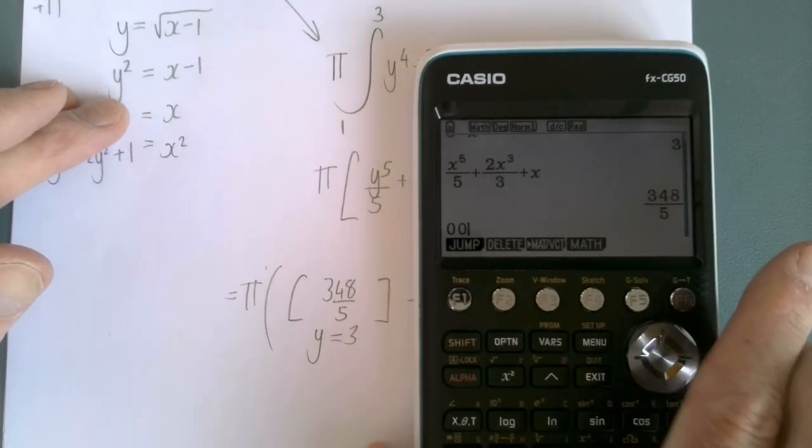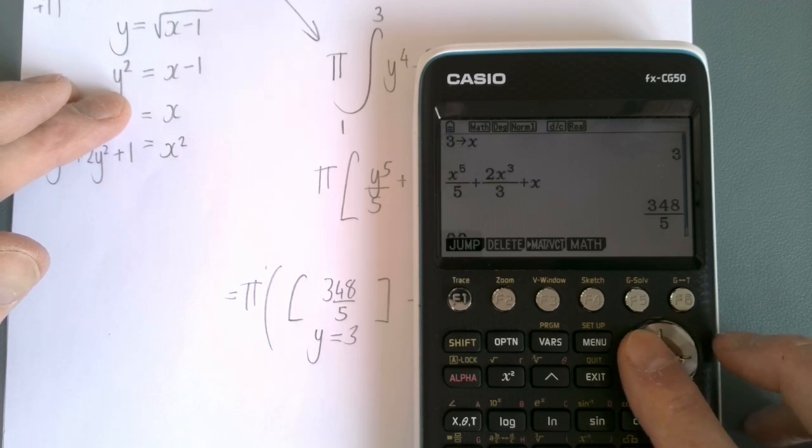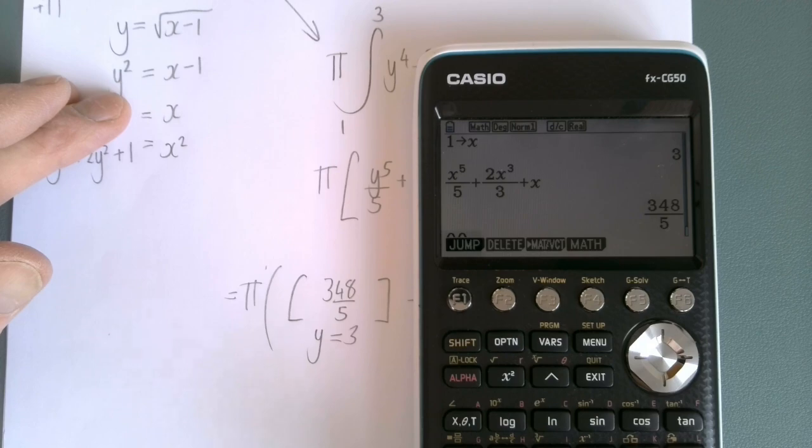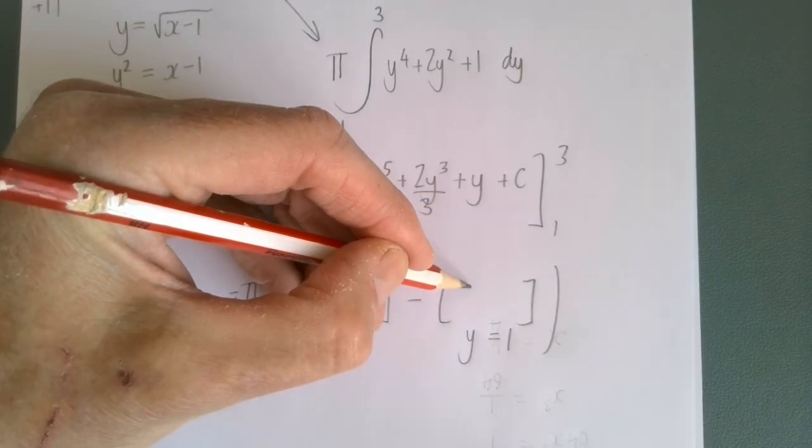So I'm now going to substitute in y is 1 by just going back up and deleting the 3 and replacing it with the 1, and it redoes it for me, 28/15.